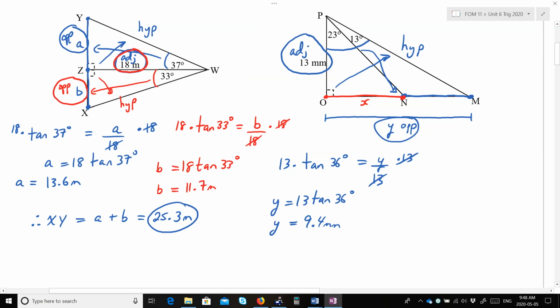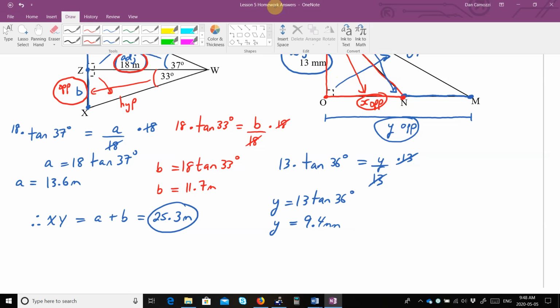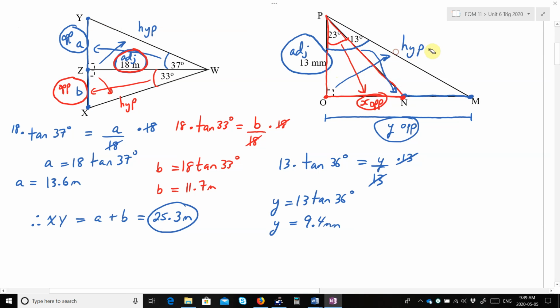Okay, now we need to figure out X. Notice that X is just part of this triangle here, and so we've got the 23 degrees, across from it is the opposite side, so X is the opposite. If I erase some of this blue stuff, across from the 90 is the hypotenuse, so the 13 will be the adjacent again.